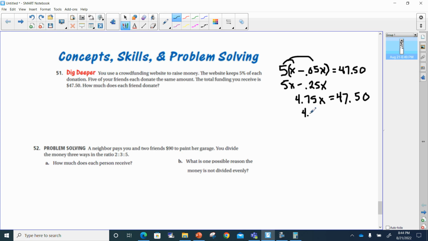So now I'm going to have to divide 4.75 away from 47.5. X comes down by itself. That should give me 10, because it looks like the same number with the decimal point moved over. So the total funding you received, how much did each friend donate? $10. Looks like each friend donated $10.